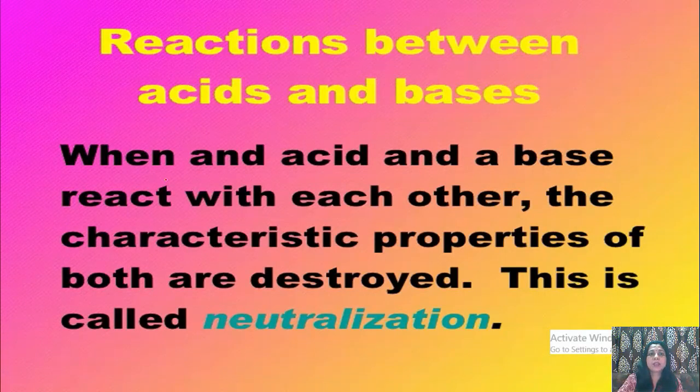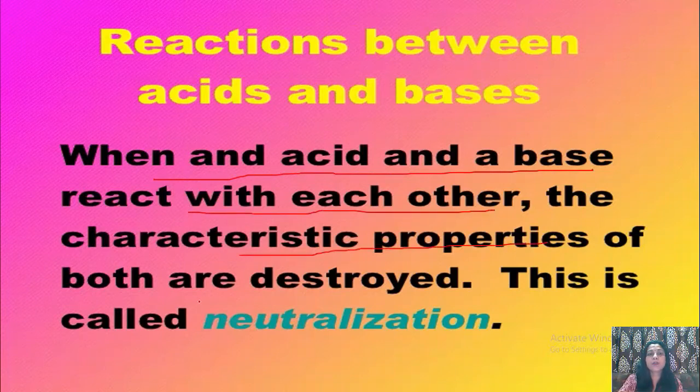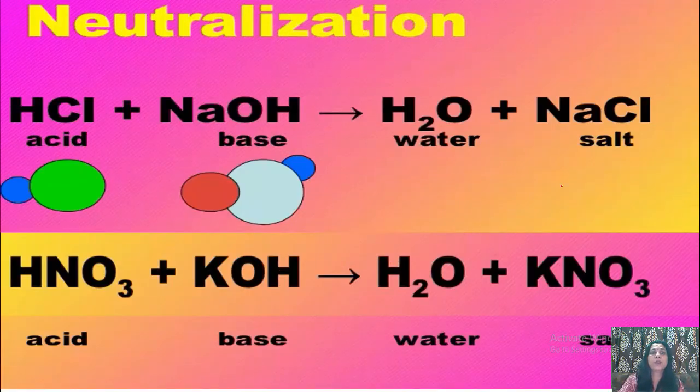Now, reaction between acids and bases. When an acid and a base react with each other, the characteristic properties of both are destroyed, and this is known as neutralization. Meaning they neutralize the effect of each other and a new substance is formed which is known as salt.